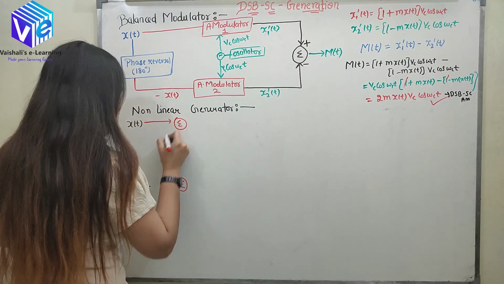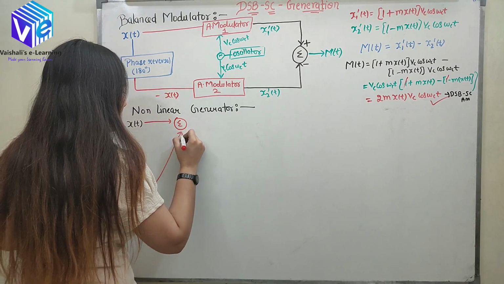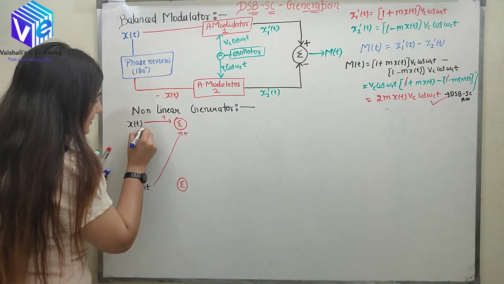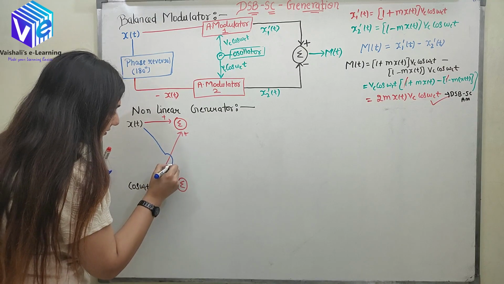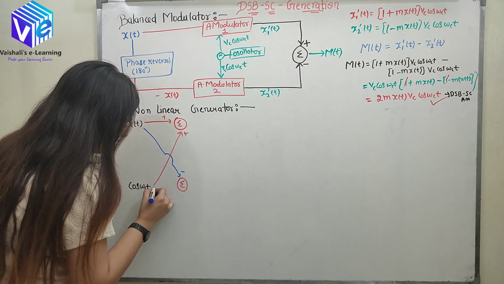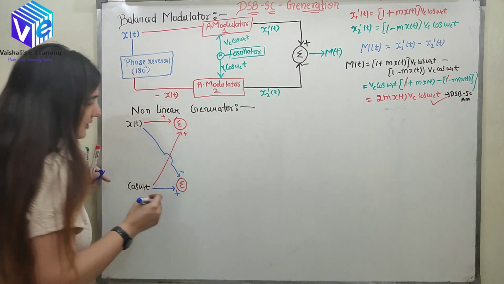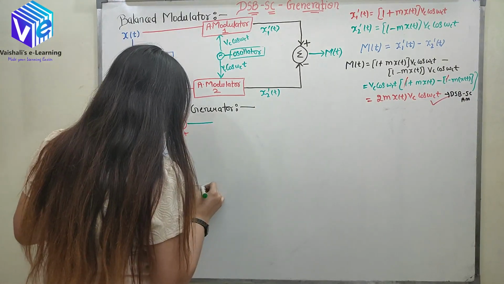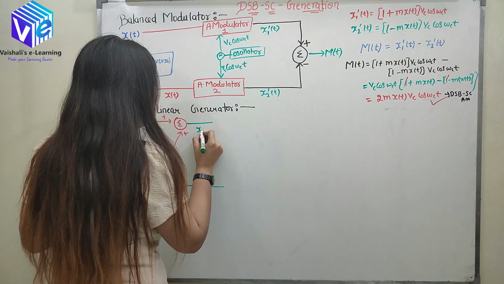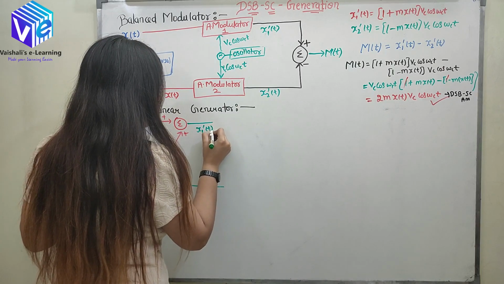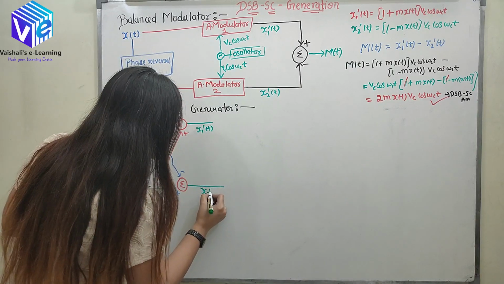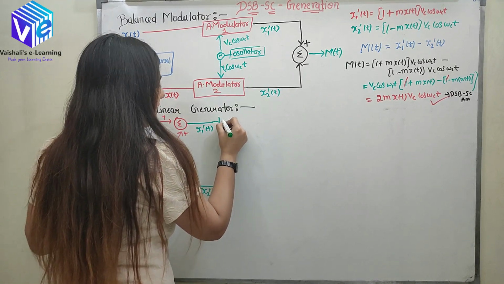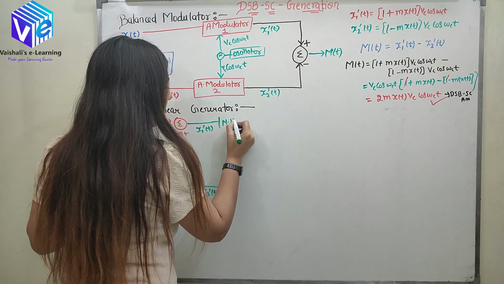So x(t) and cos(omega_c t) are added here, and x(t) is subtracted here and cos(omega_c t) is added. So from here I am getting x1'(t) and x2'(t). After that it is passed through a non-linear device.